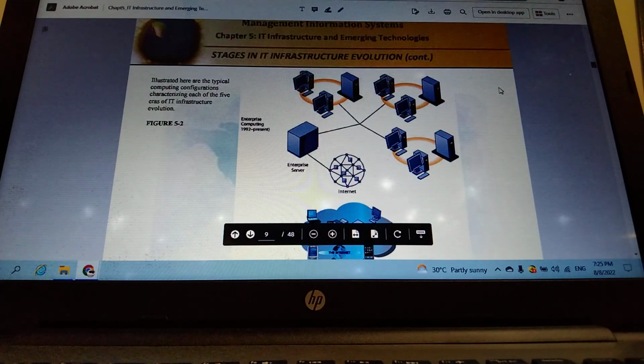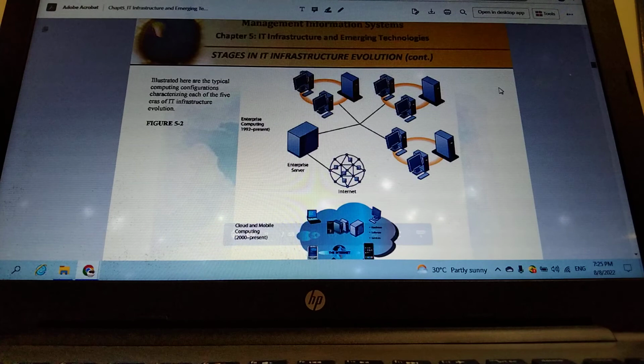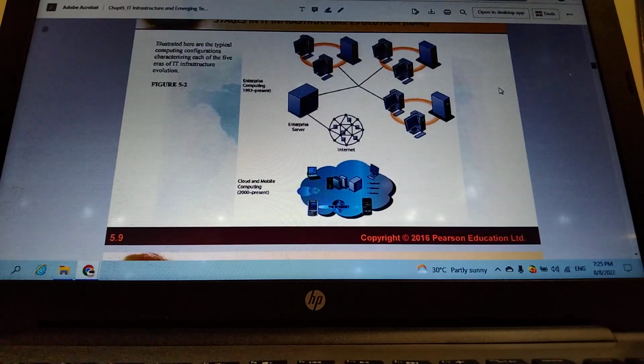So in this slide, what you can see is how enterprise computing is connected within the clients and servers, and how the internet is connected to the enterprise servers as well. And in the second part of the slide, what you can see is how cloud and mobile computing are connected within the server and clients.